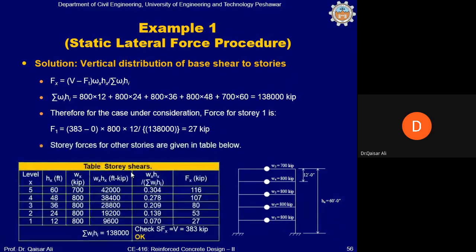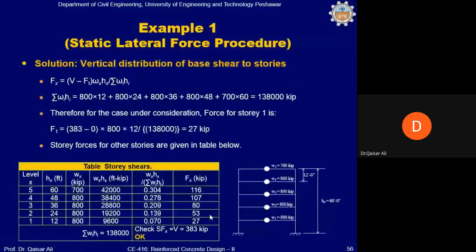At story 5, the top one, the maximum force is 116.107. And if you look at how the forces vary in terms of the heights, 27 multiplied by 2 is almost equal to 80, multiplied by 4 is this, multiplied by 5 is this.